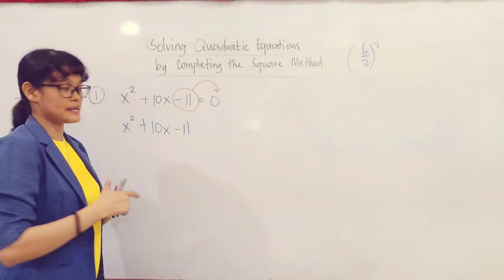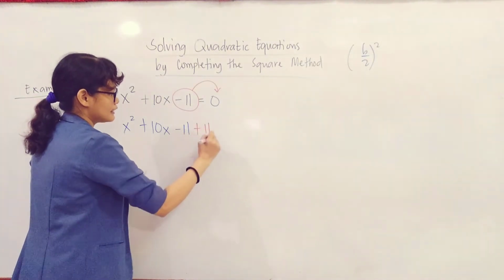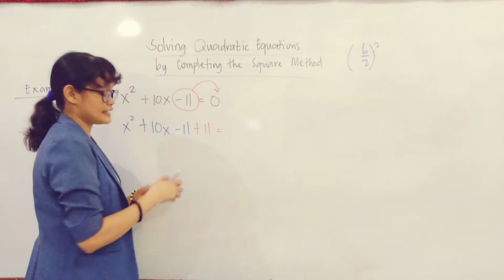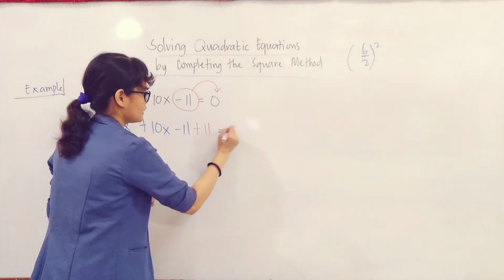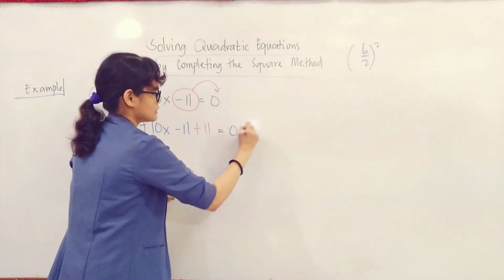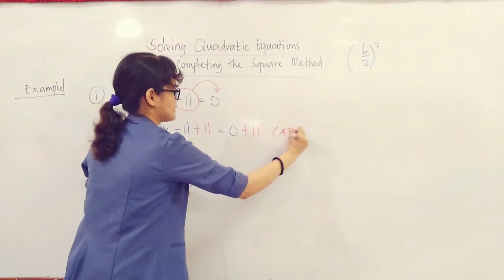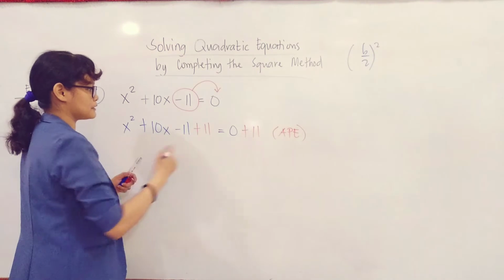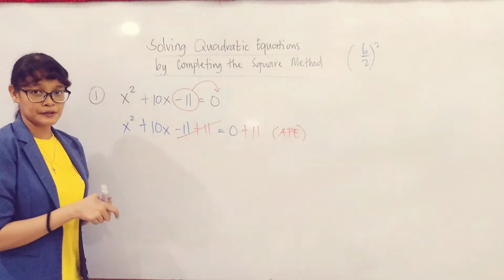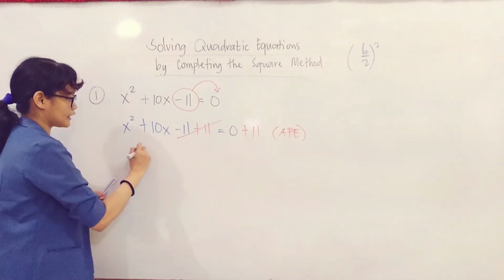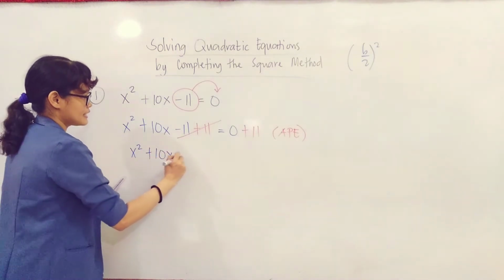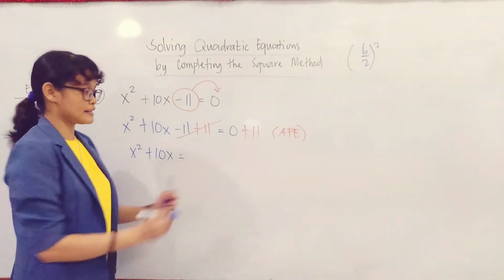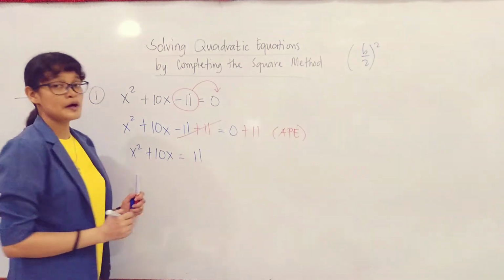By applying the APE now, we're going to add 11 on both sides of the equation. So 0 plus 11. Again, this is APE. Alright, next, simplify. So you have negative 11 plus 11, which is already equal to 0. So you'll have x squared plus 10x equal to 0 plus 11, which is just equal to 11.